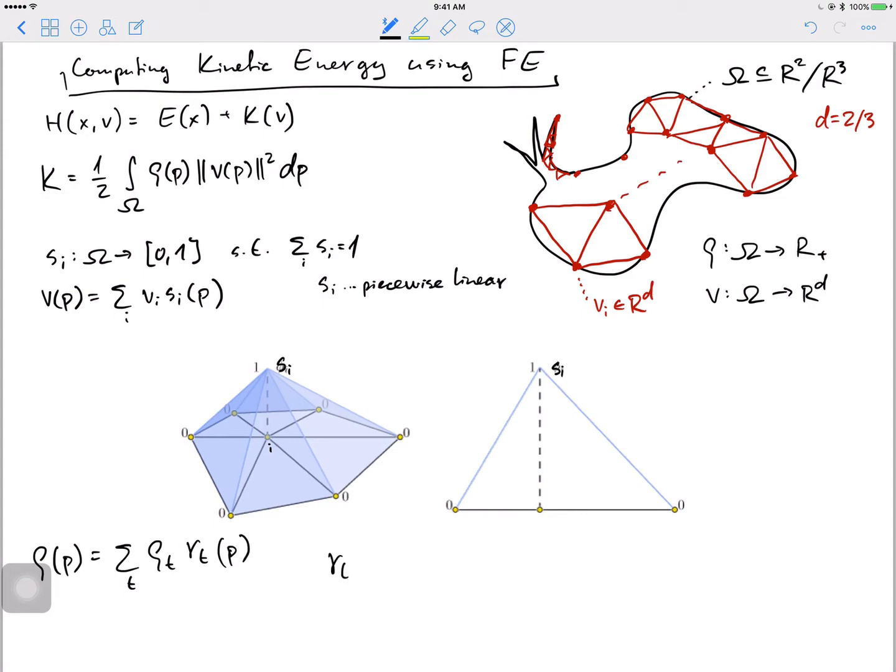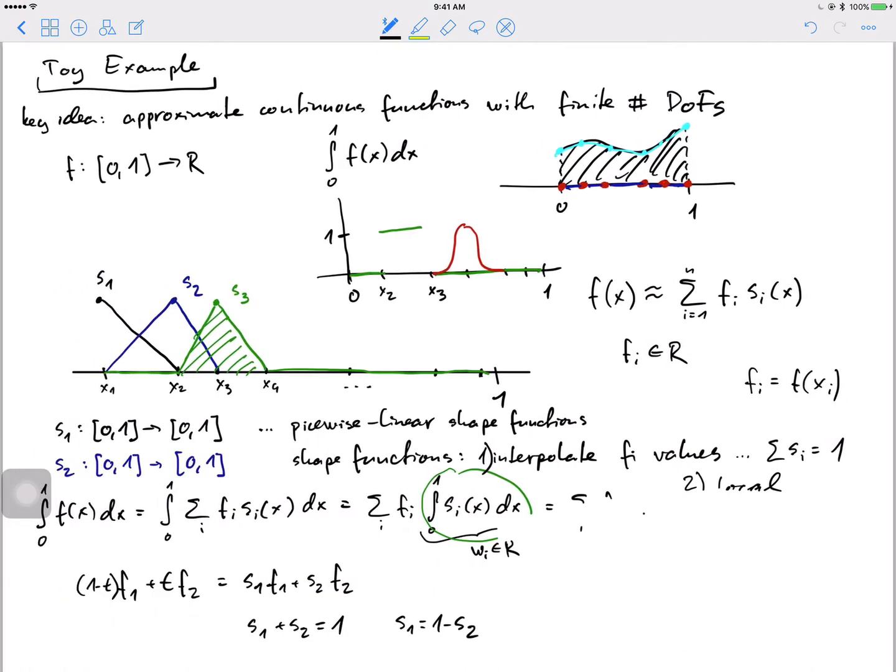And this R_T is a piecewise constant shape function, which is either 1 if p is in element T, so let me call this E_T, and it's 0 otherwise. So this R_T is a 2 or 3 dimensional analog of these piecewise constant shape functions.